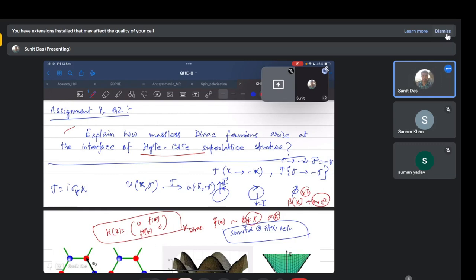So I think the question does not require an explicit Hamiltonian. I do not think one exists. It may exist, but it would be quite complicated, since this is already a superlattice structure. It just wants to know how you can arrive at those Dirac fermions by tuning the quantum well width, or let's say density. Those details will be in the lecture itself.